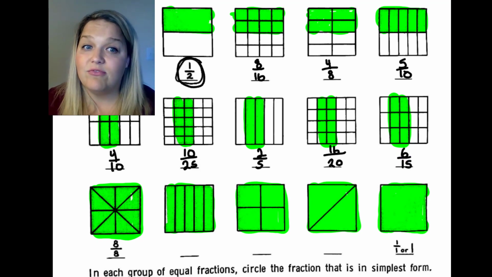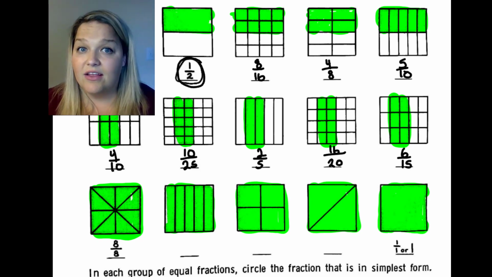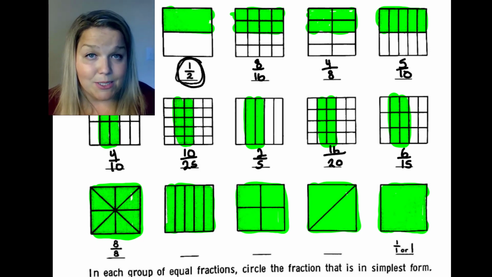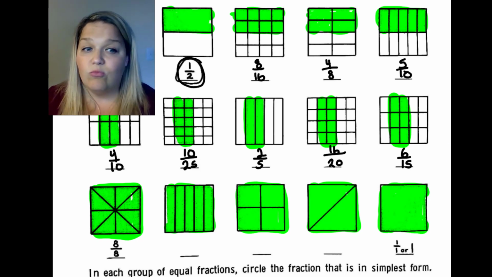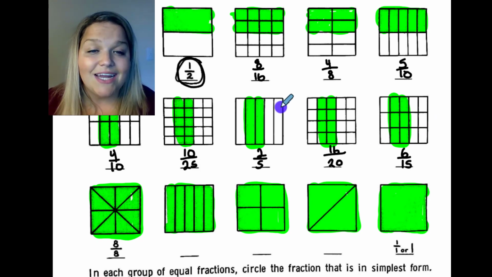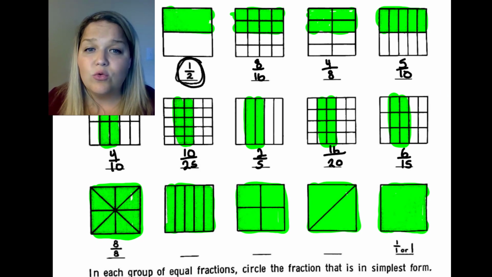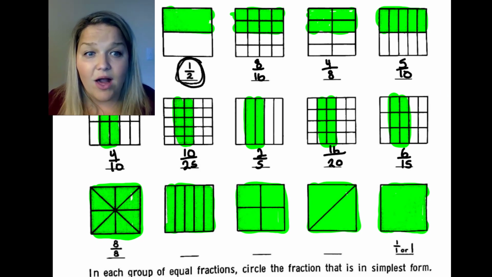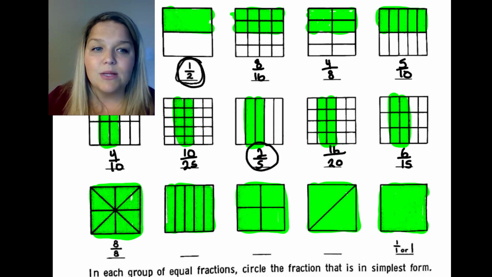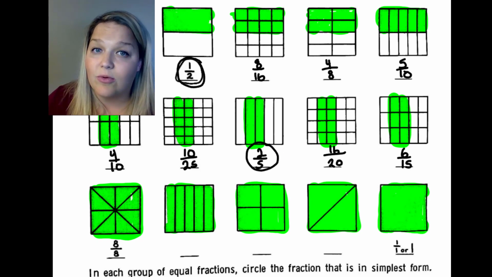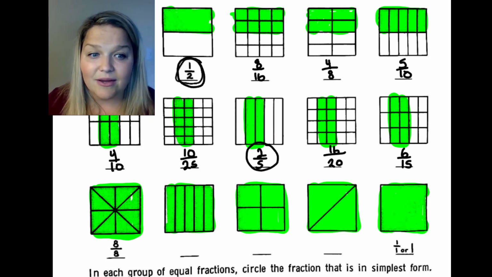So now that we've named all of our fractions that have been shaded based off of how the wholes have been divided, we notice it's the same quantity in all of them. What is the most simple way to express that quantity out of all of these? Well, that would be 2/5. Simplest form is using the smallest numbers possible to express a quantity.